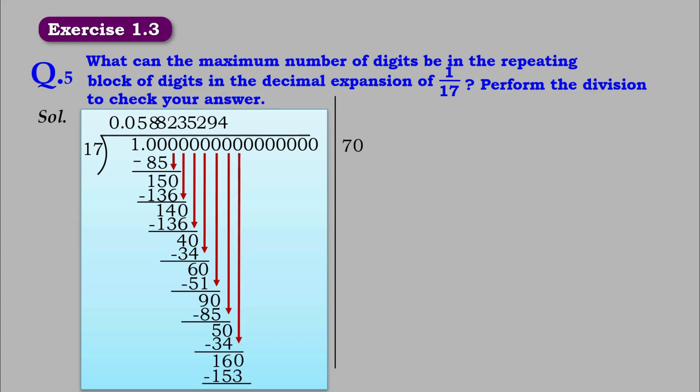So it keeps on going. And what we observe is that every time we are getting a different remainder.